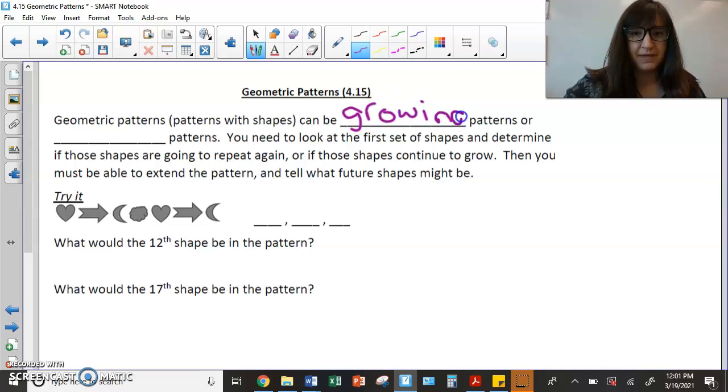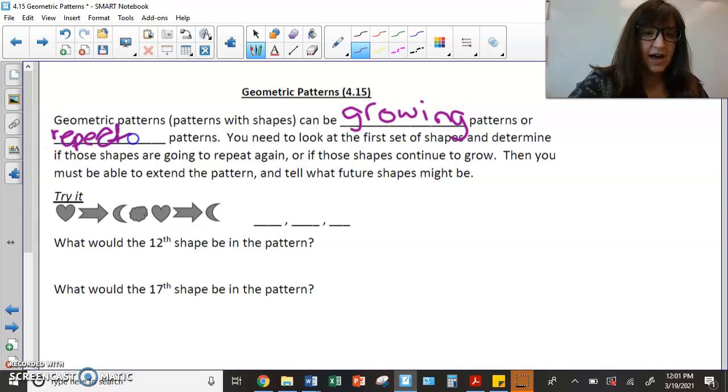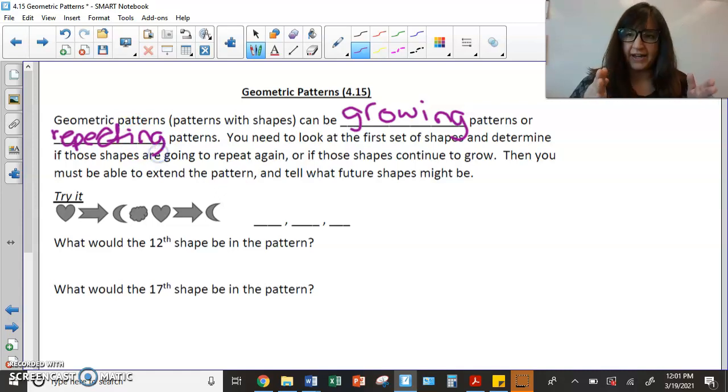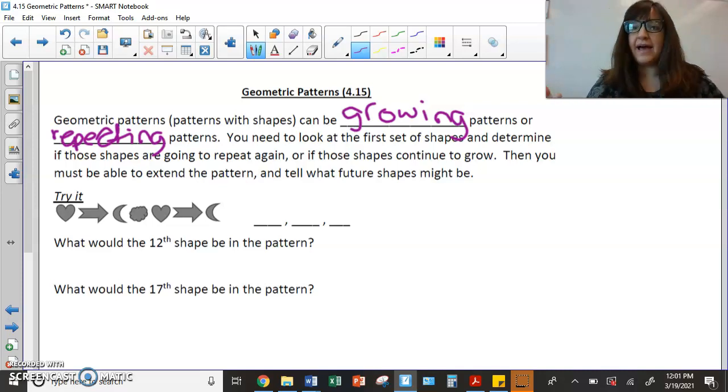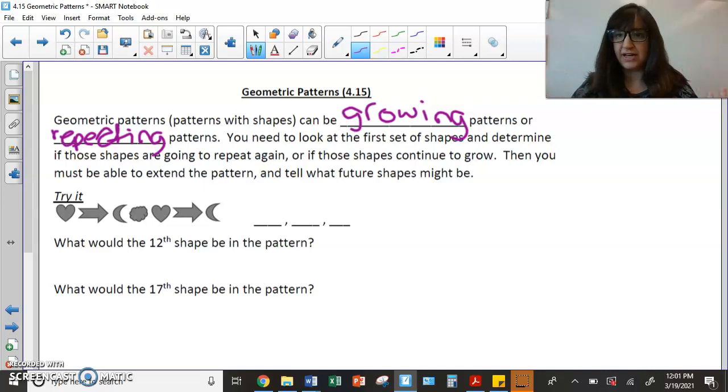If a pattern is repeating, it means that one set of the pattern happens over and over and over again. If the pattern is growing, then that means the shape is either getting larger with each set or it could be getting smaller. So growing refers to either getting larger or shrinking.